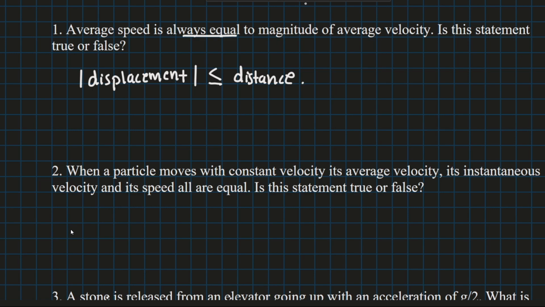It cannot be greater than the distance; it can be equal, it can be less, but it cannot be more than the distance. So it cannot always be only equal. Average speed can be greater as well. So the above statement is false.